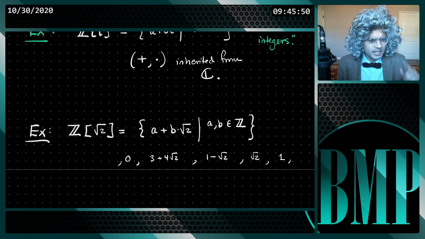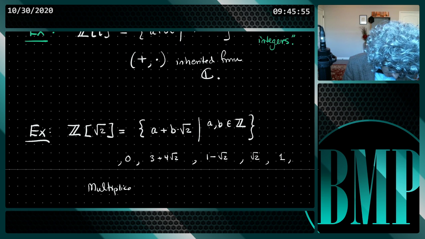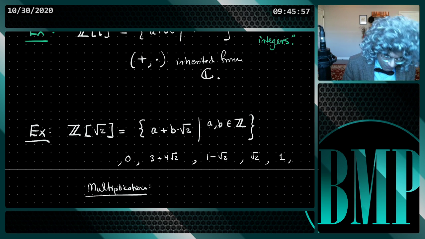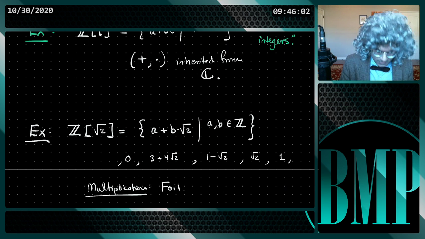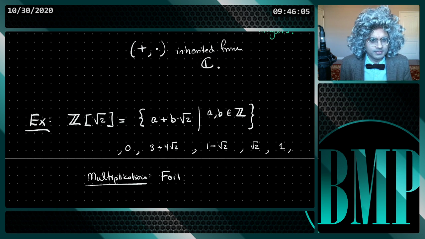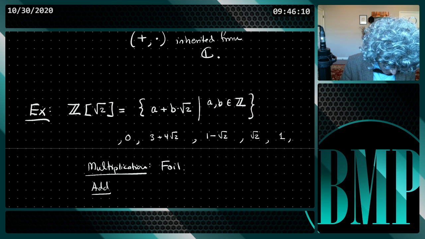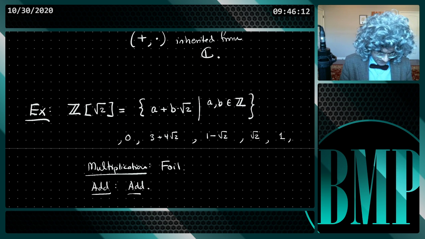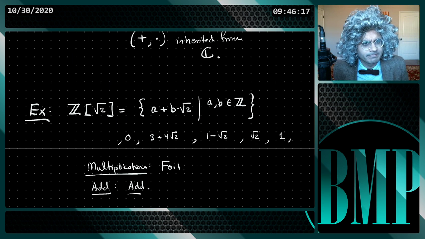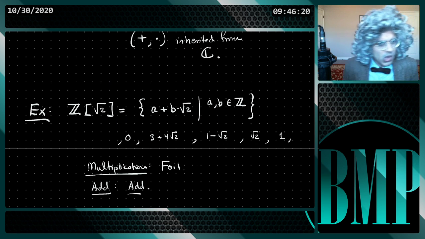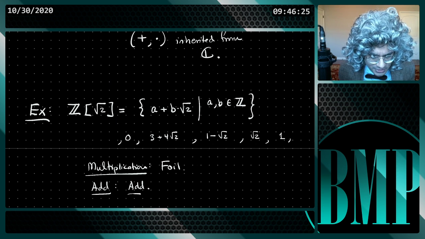How do you multiply? FOIL. Collect terms. How do you add? Add. So, all kinds of rings in this world. This world is filled with all kinds of rings.